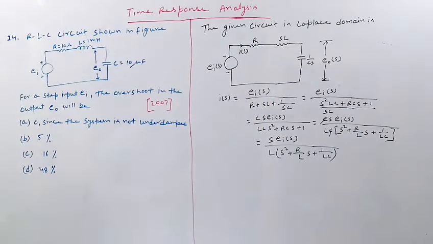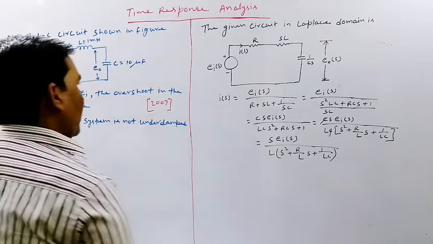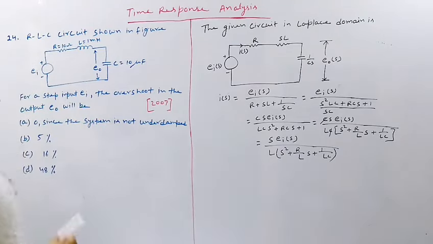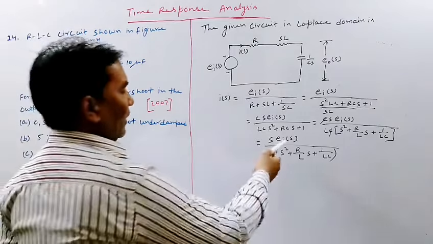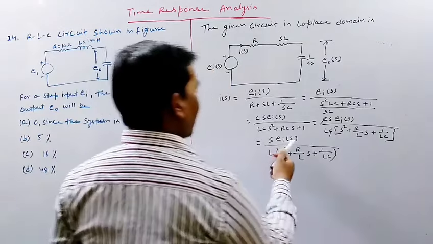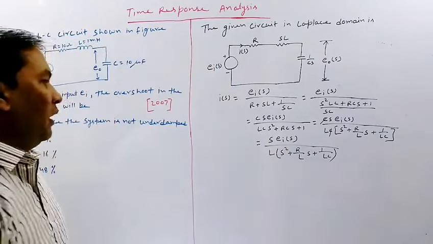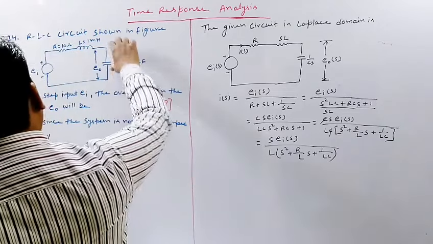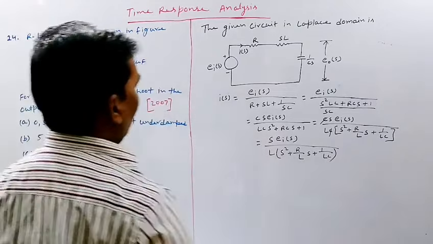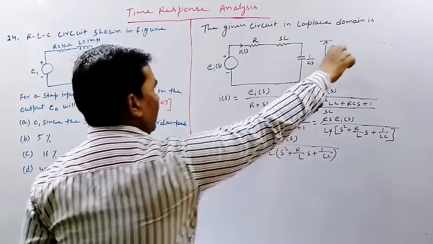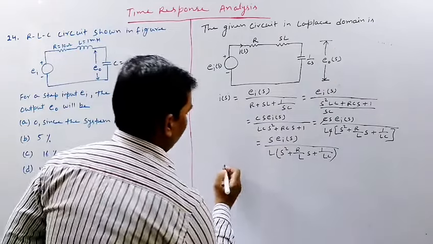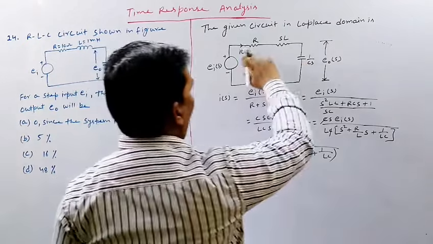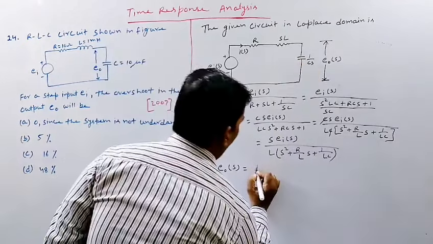Now since it is given that the input is a step input, EIS will be nothing but 1 by s, and we have to find out the value of E naught. So the output E naught s will be nothing but IS multiplied by 1 by CS.